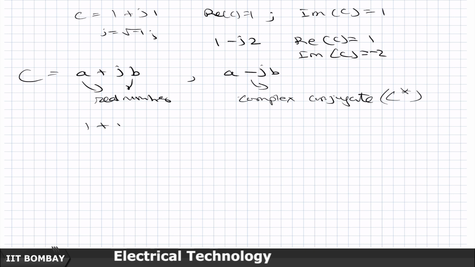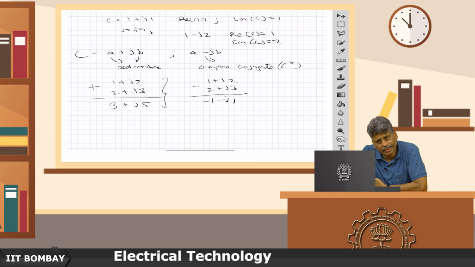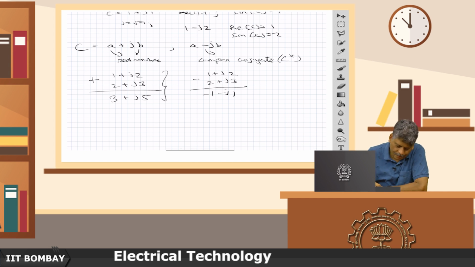Now, suppose you have 1 plus j 2 and 2 plus j 3 as two complex numbers, and if I ask you to add them, you add their real parts and you add their imaginary parts. If I give you the same numbers and ask you to subtract, you subtract their real parts and you subtract their imaginary parts.